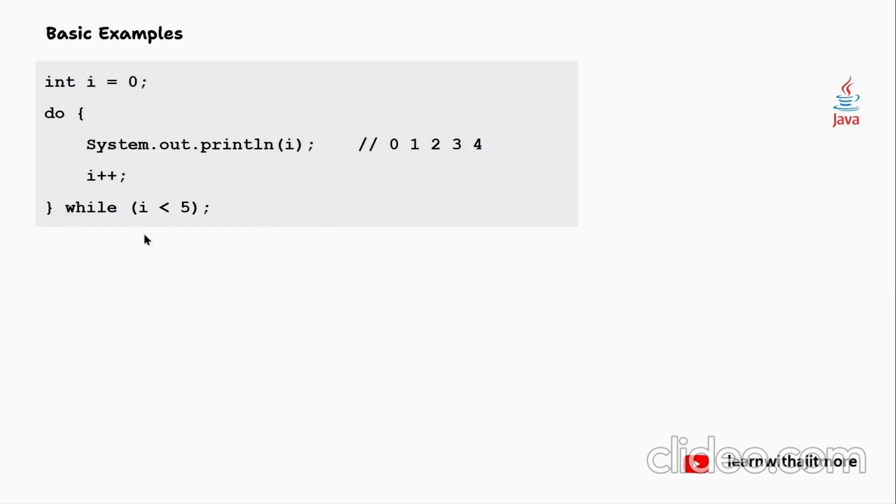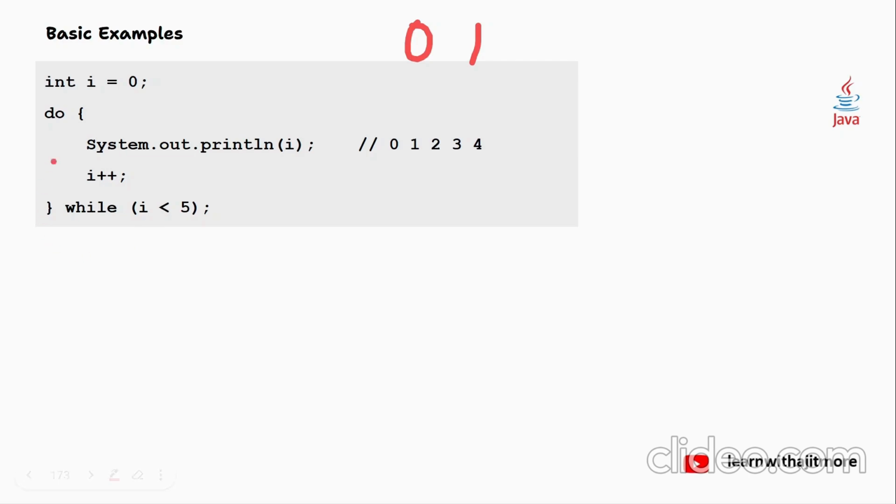First, here also the same thing which we did using a while loop, we do using a do while loop. We are printing values from 0 to 4. See, I is initialized to 0. Directly it will come and print 0. And then i++, i becomes 1. Is 1 less than 5? Yes, come back, print 1 and make it 2.